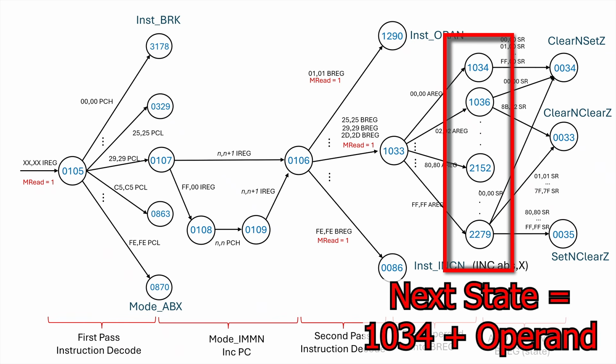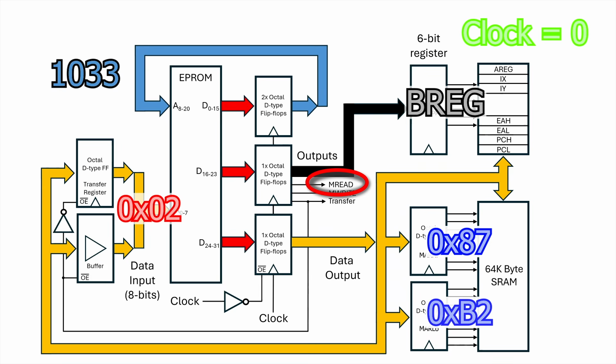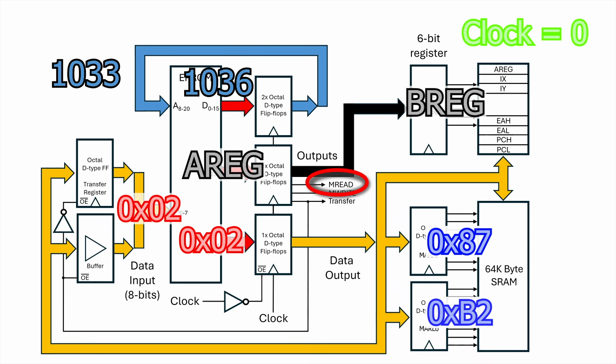In this case, it's 1034 plus 2, which is 1036, but it could be anything from 1034 to 1289 depending on the operand. So the operand effectively chooses which of 256 execution paths to take next. In state 1033 with input symbol 2, we output 1036, A reg, and 2.